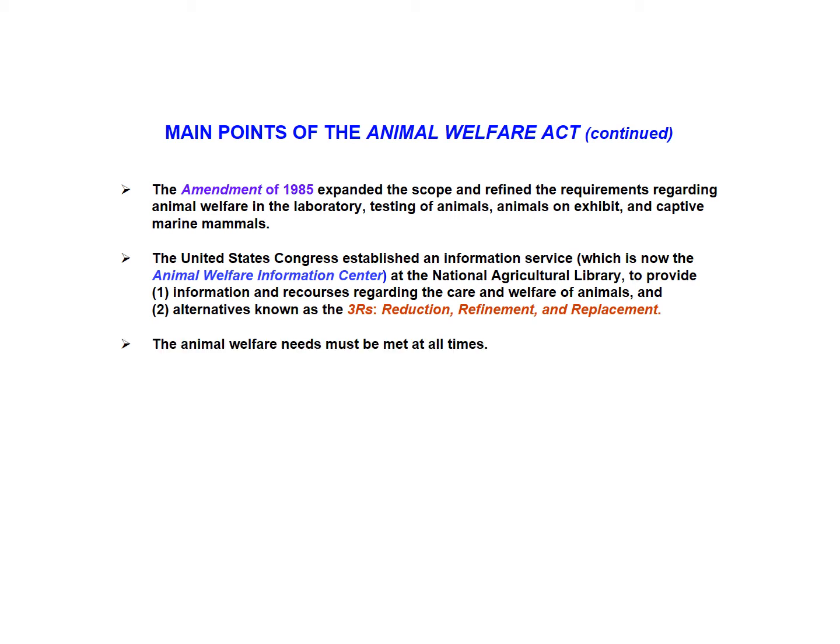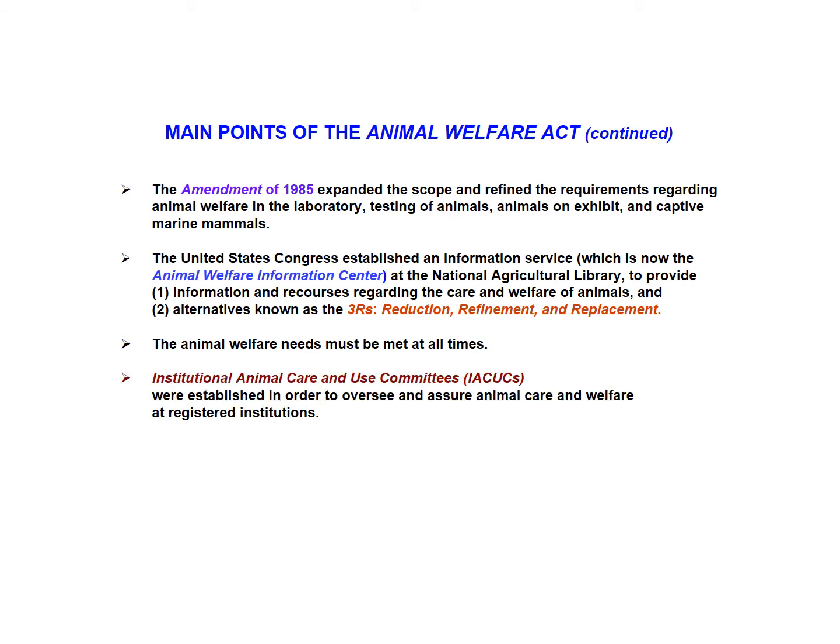One of the requirements, the foremost requirement of the Animal Welfare Act and all the associated amendments, is the priority which is placed on the fact that animal welfare needs must be met at all times.